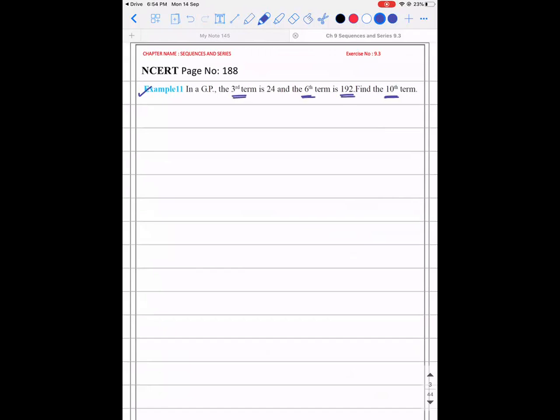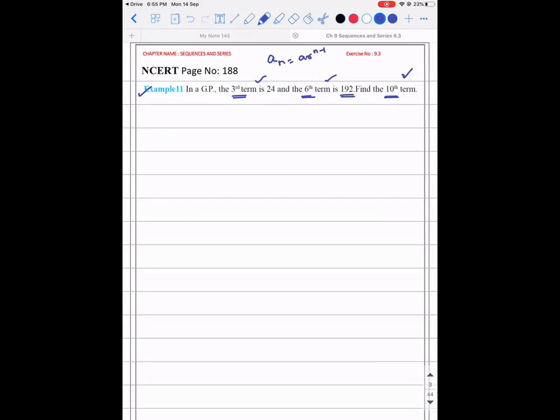Find the 10th term. Why did they give two values? Because they're expecting you to calculate the 10th term. So what is the general formula? An is equal to ar power n minus 1. How many variables does it have?